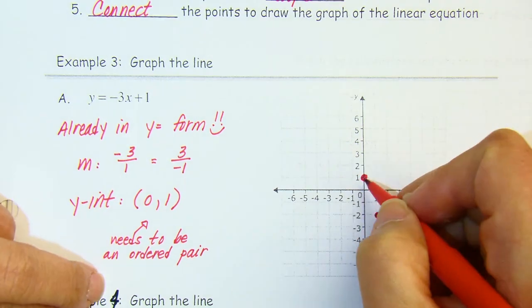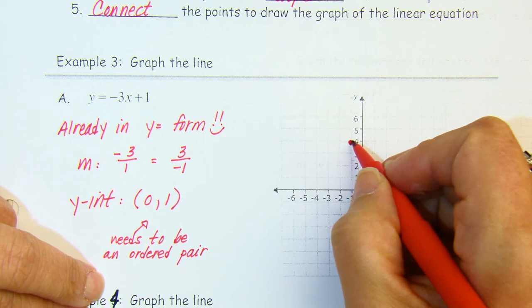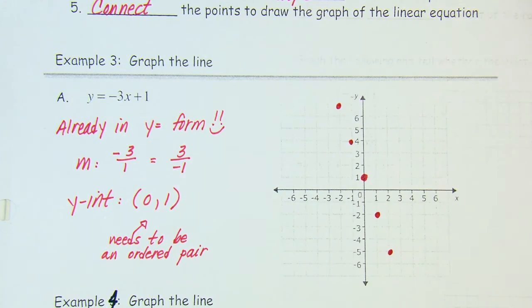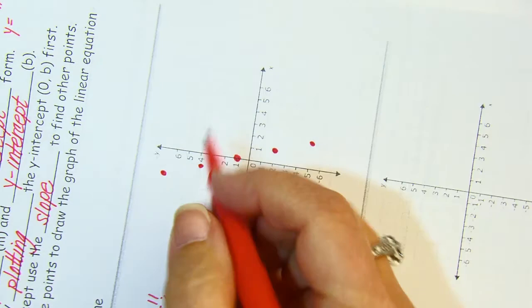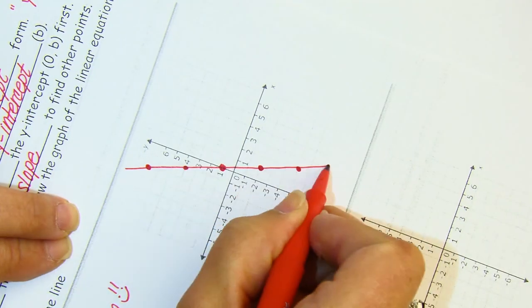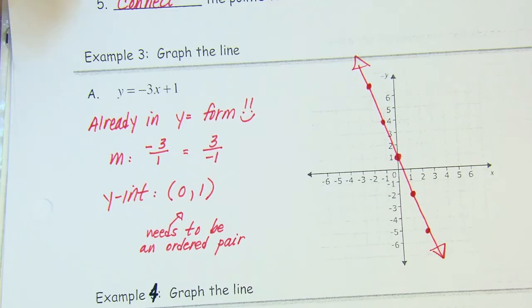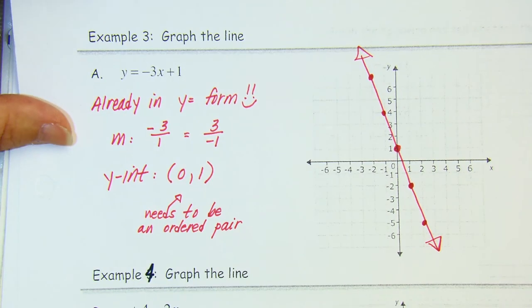Or, instead, I could move up 3 units to the left 1, as such. And I get these dots that line up. I like to turn my paper to draw the straight line. You could use a straight edge. And there is my line graphed, the equation y equals -3x plus 1.